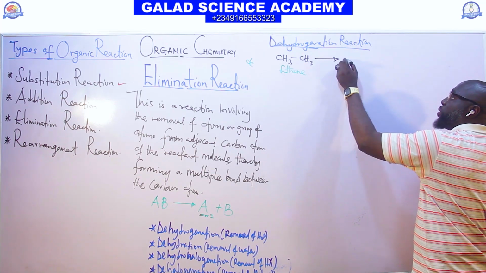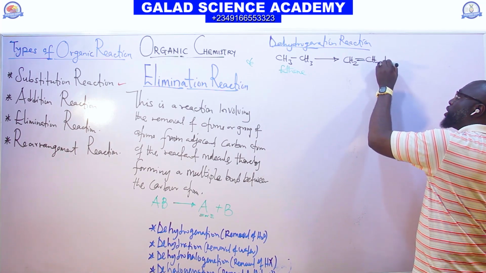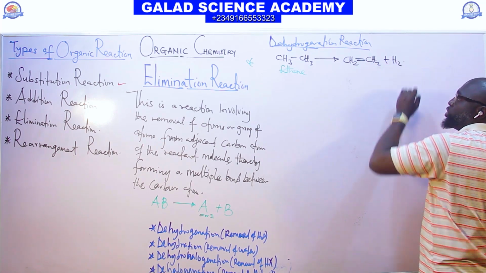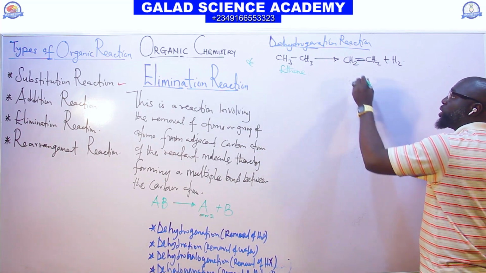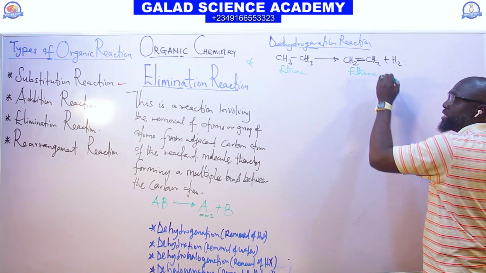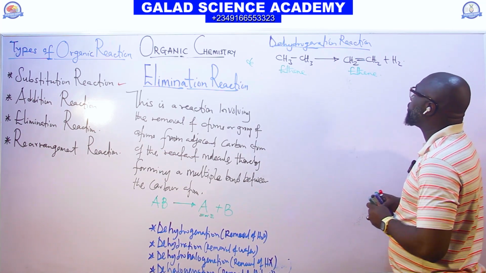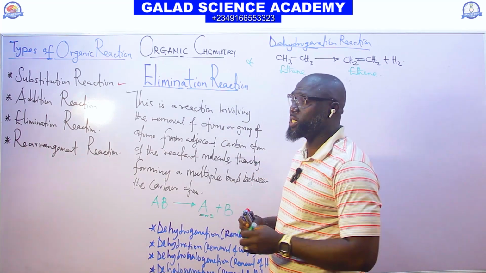By removing hydrogen from it, it will give us CH2 double bond CH2 plus hydrogen. And the product here is ethene. So the dehydrogenation of ethane will give us ethene.